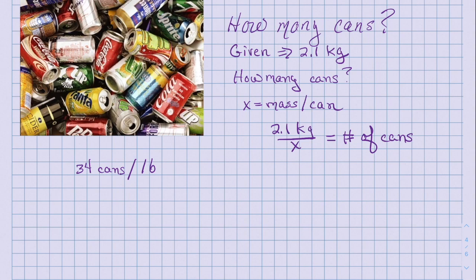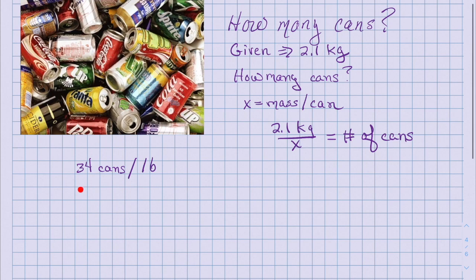And so let's go ahead and do that. I'm going to rewrite this as 34 cans per pound. And what I'm going to do is just simply look it up. You can do a conversion in Wolfram Alpha. What we find is that 1 kilogram is roughly 2.2 pounds on the surface of the Earth. So I'm going to convert this to kilograms, which means I want pounds to cancel out.